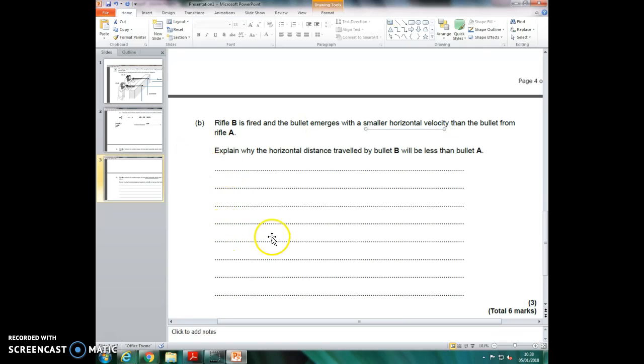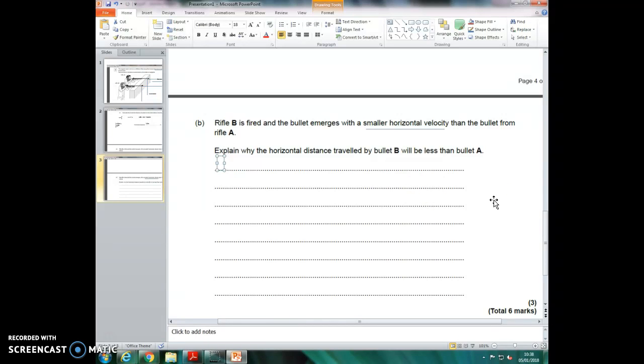Remember, both of these are travelling at different horizontal velocities, but they're both staying in the air for the same amount of time, because they're both dropping from 1.5 meters.